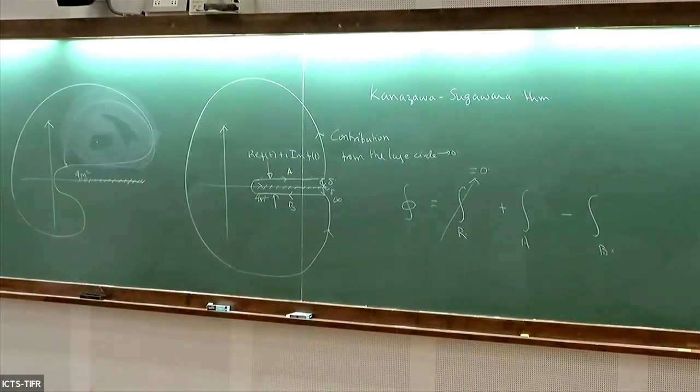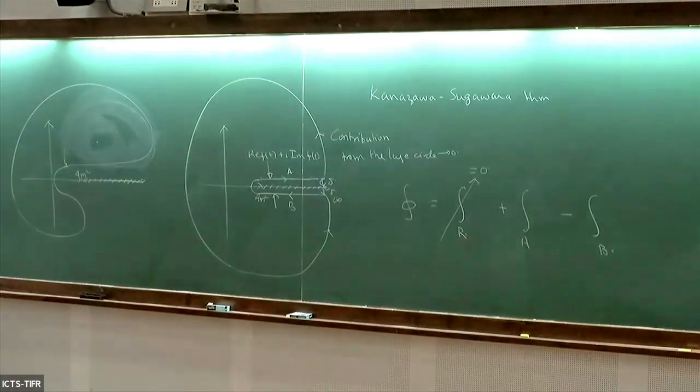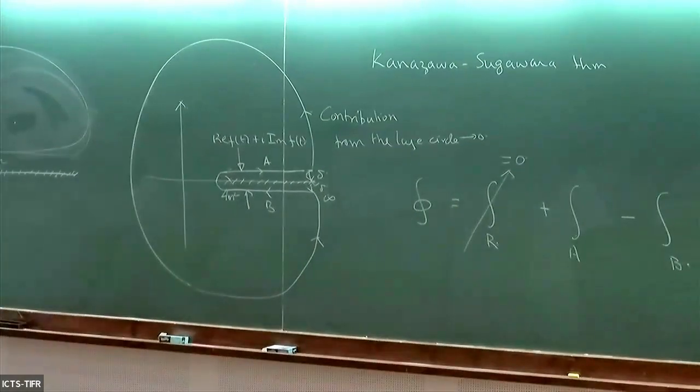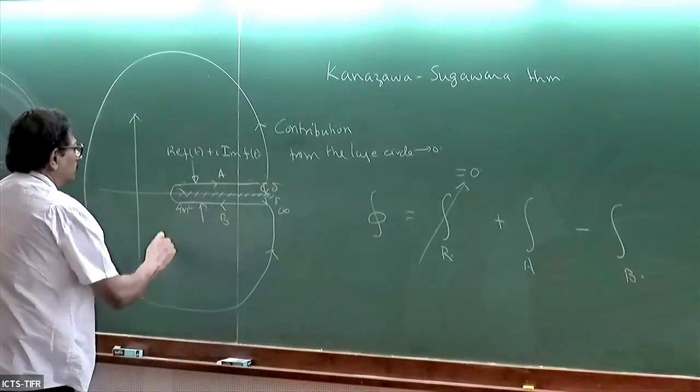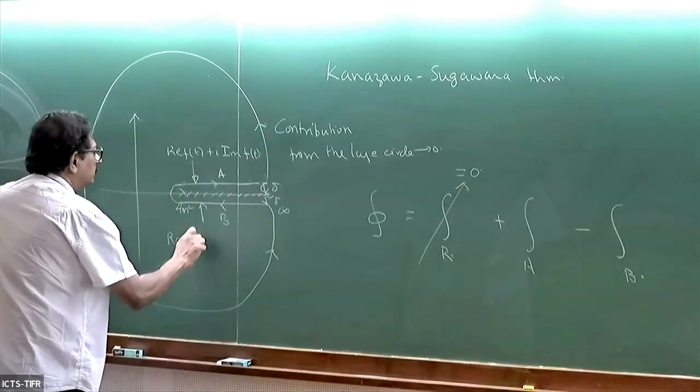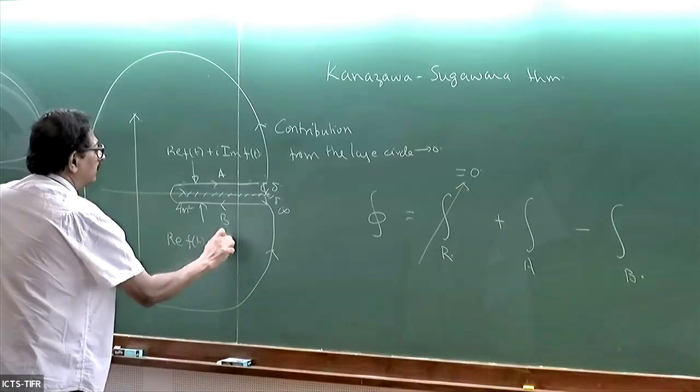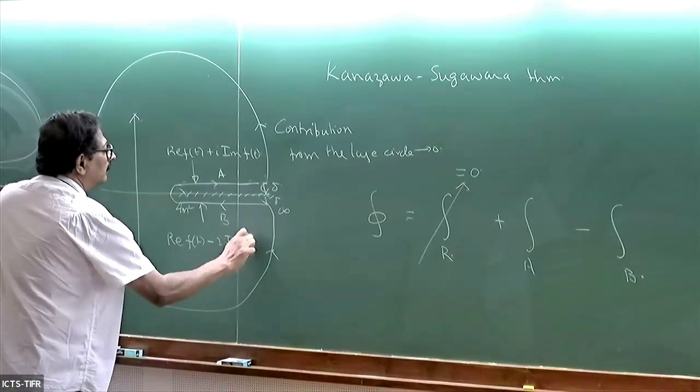Yes, and it's a very important principle in complex variable theory, and this is known as the Schwarz reflection principle. So here the value of the function will be real f of t minus I imaginary part of f of t.